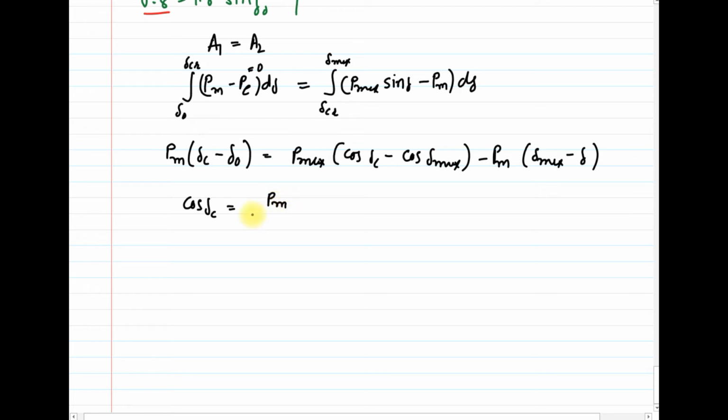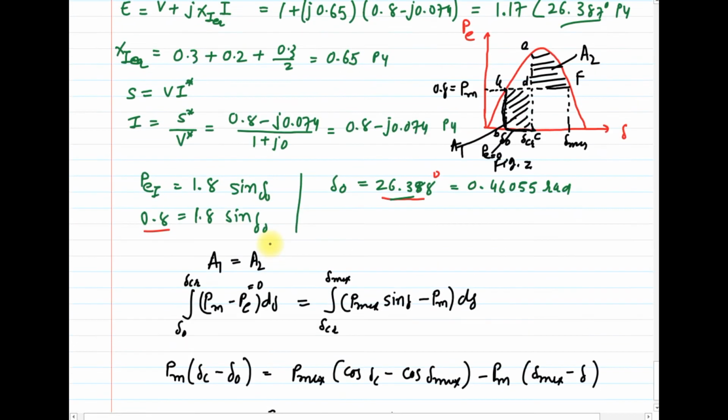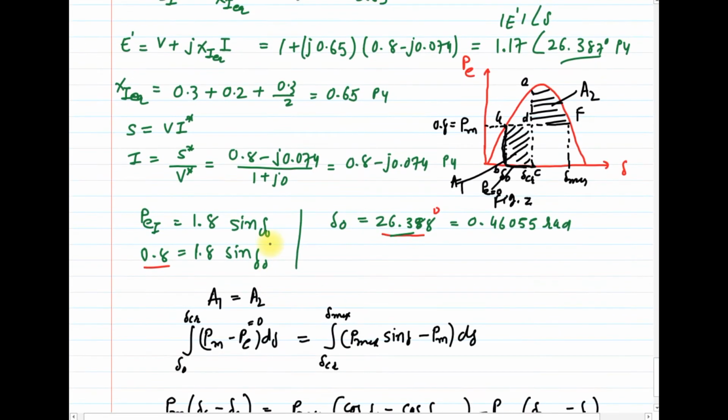So solving this equation, we will get the final answer for cos delta C, which is equal to PM by Pmax into delta max minus delta 0, plus cos delta max. Clear? So using this equation, we have to calculate the delta C, or delta CR.